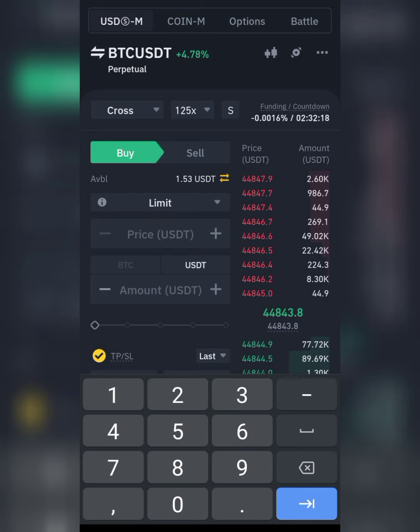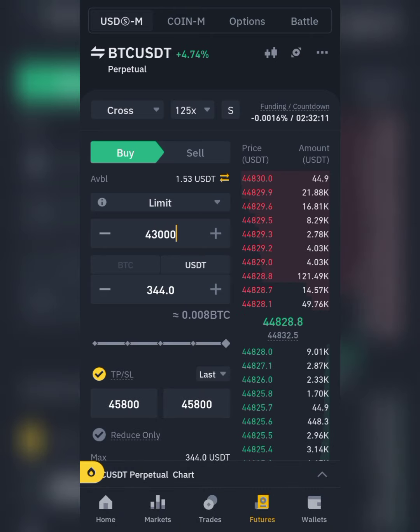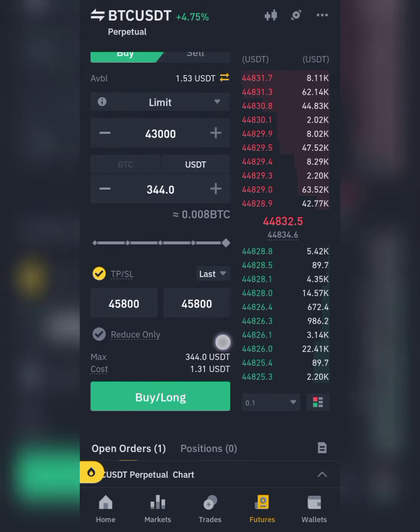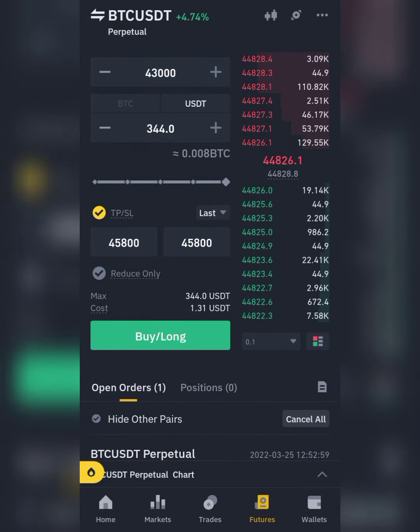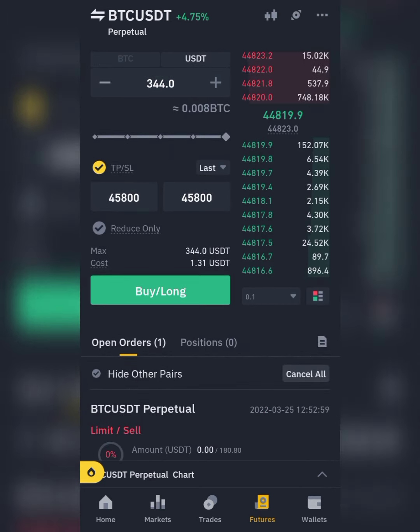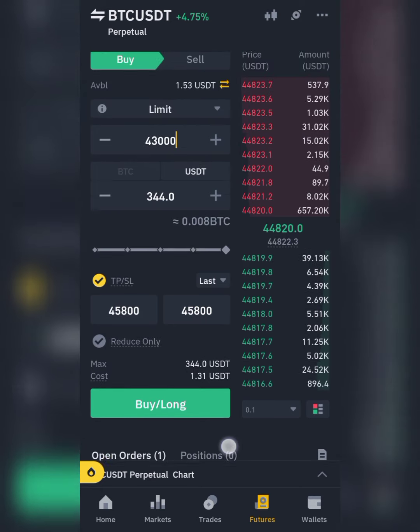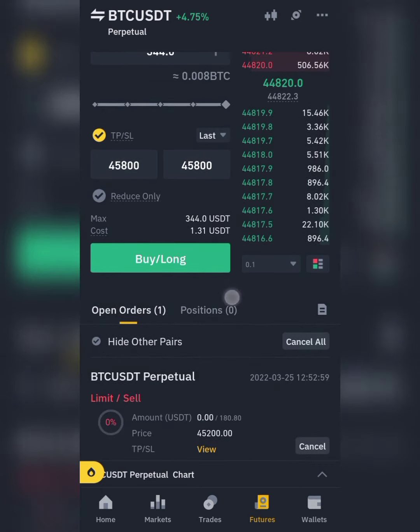Let's say 43,000. I don't think I've funded my account, but let's just proceed. Now you say 43,000 and then you click on buy long. Automatically it's going to show here in your open orders, meaning the price has not been filled, meaning it has not been executed.